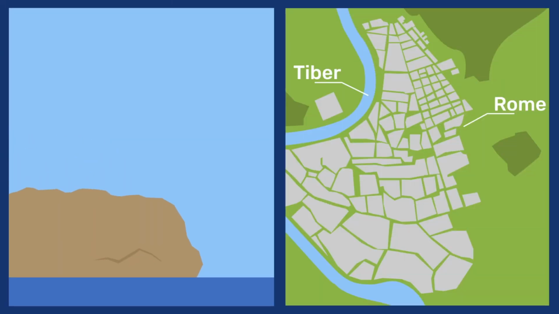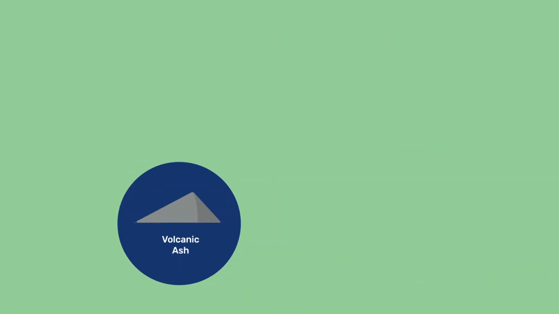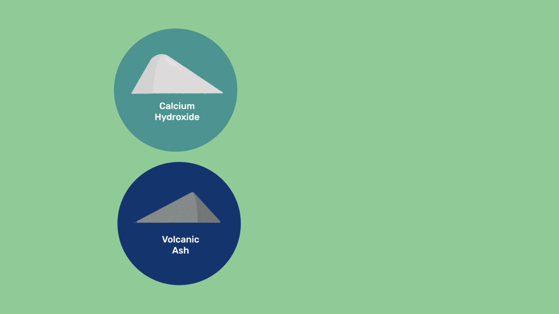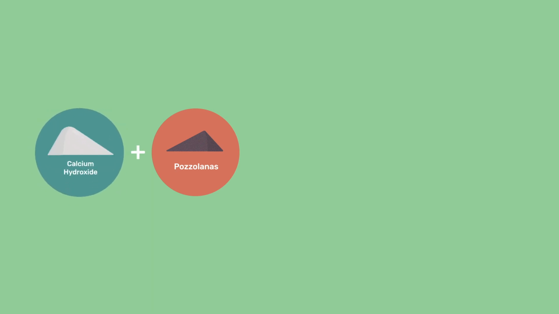Pozzolans were first exploited in ancient Greece and Imperial Rome, where volcanic ash and calcium hydroxide, provided as slaked lime, were found to harden in presence of water and in absence of air. In modern cements, pozzolans react with the calcium hydroxide provided by the hydration of cement.